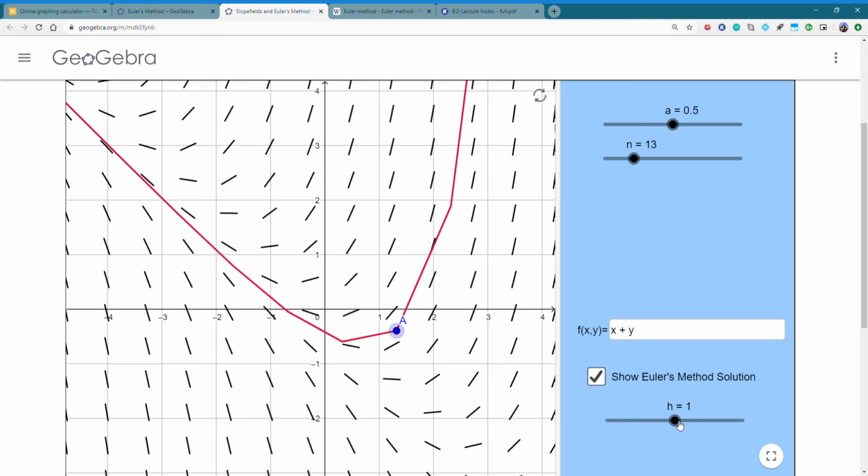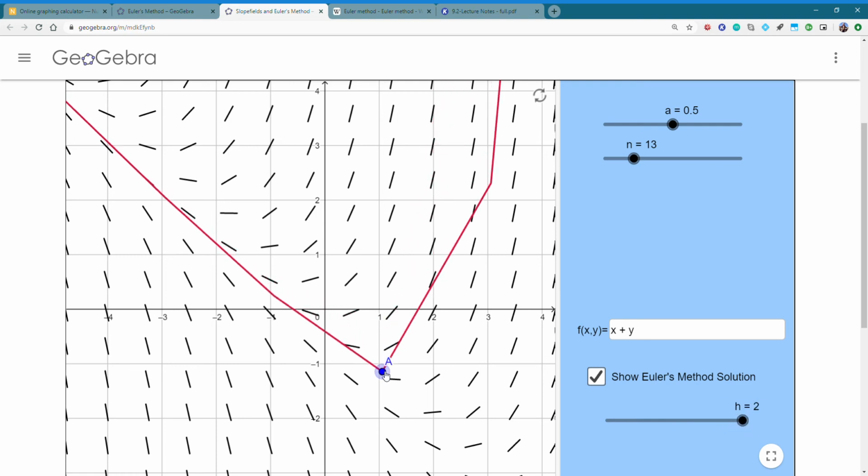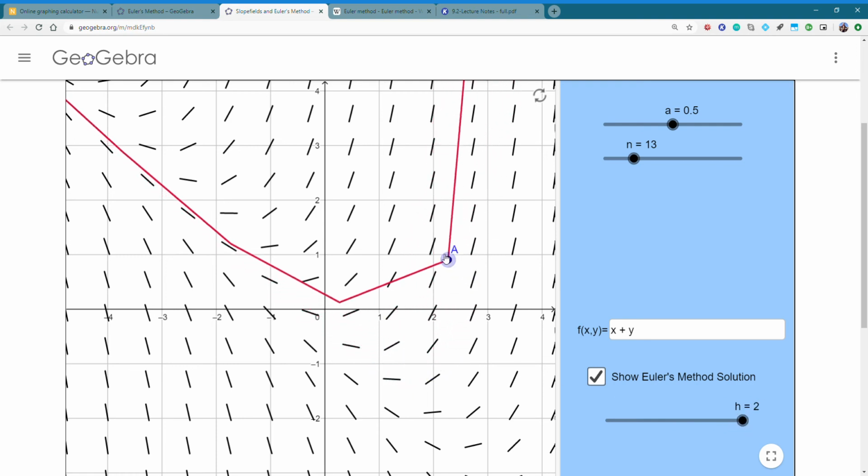We can make our step size smaller, and as we do that, our line segments get shorter, and as they get really short, our approximation starts to look more like an actual curve. Just visually, it's really not clear that this is made up of a bunch of line segments. It looks just like a curve. But again, if we have a really big step size, then our solution is going to be pretty rough.